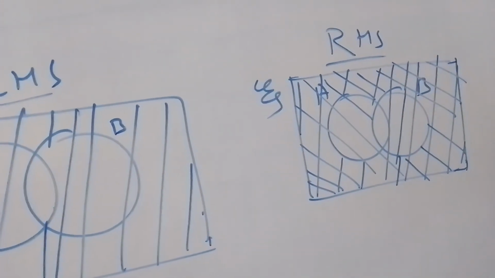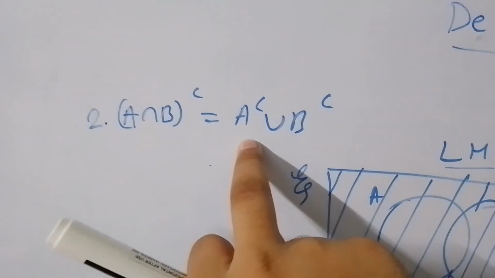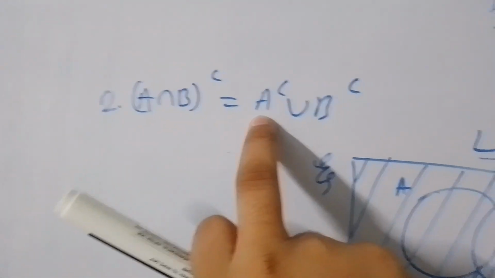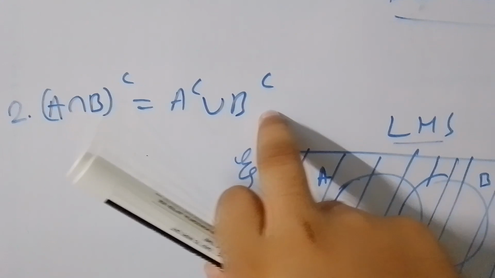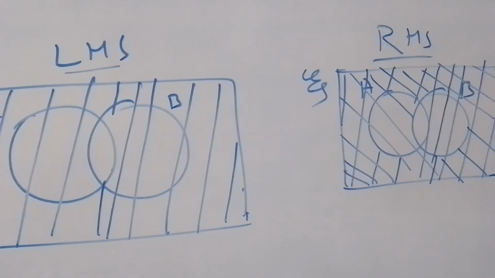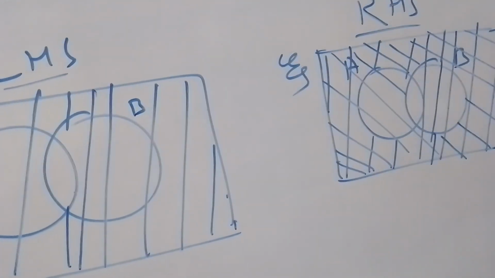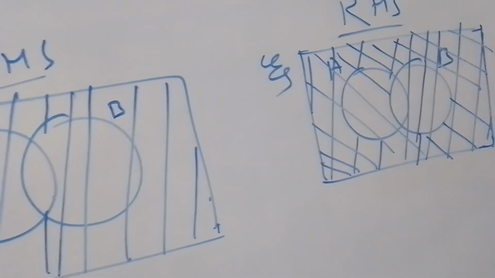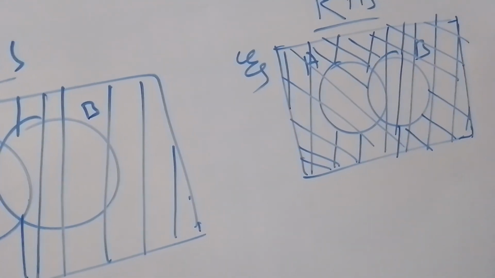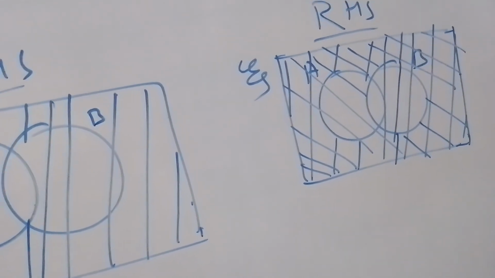Now see, they're giving A complement union B complement. So the B complement set was right there. This is B, so B was like this.